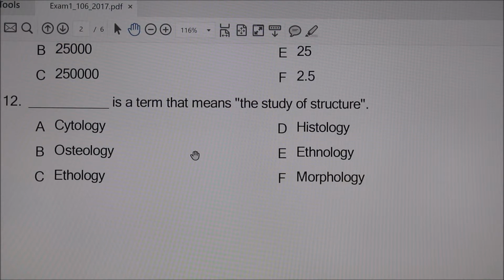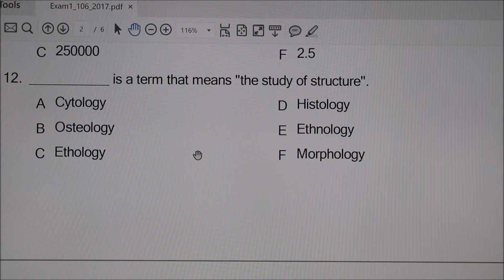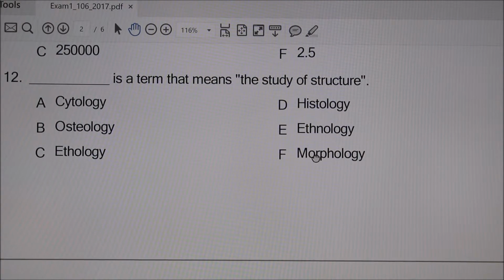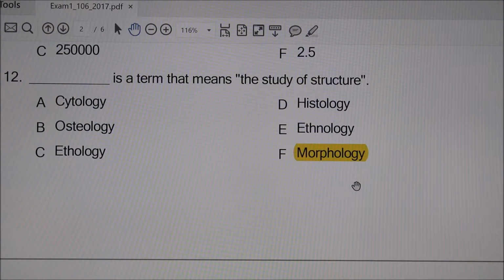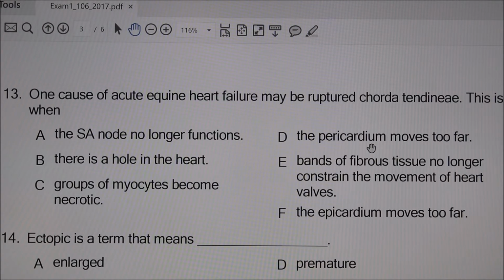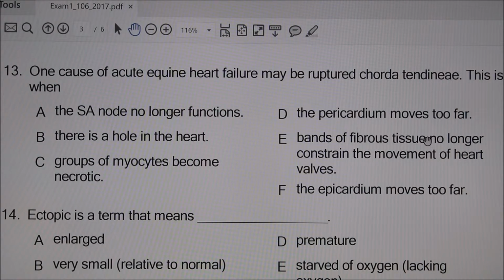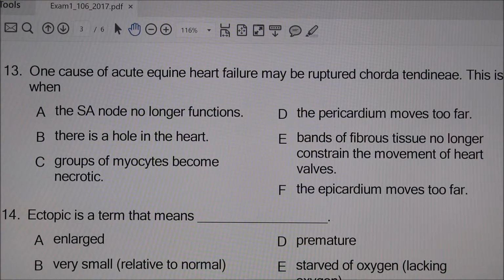There's that. Study of structure. Definitely this was in a video. I remember that. And it's morphology. None of the other answers are right. Some people picked histology up here, but that means the study of tissue. Morphology is the study of structure. This was on abnormal heart disorders, something like that, cause of acute equine heart failure.